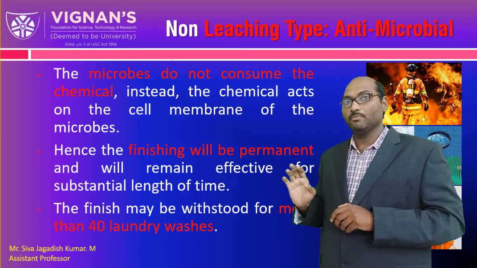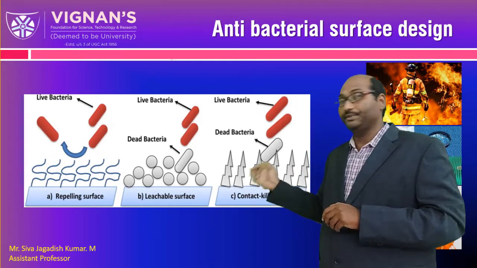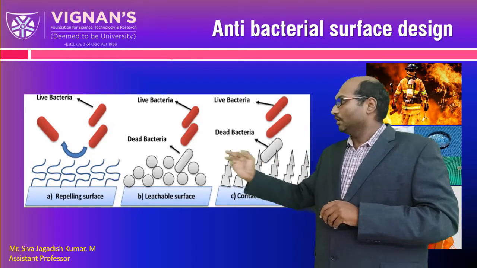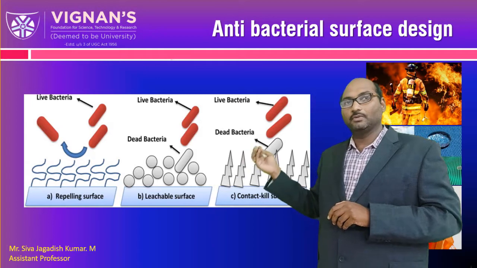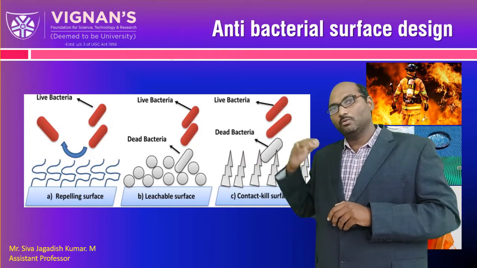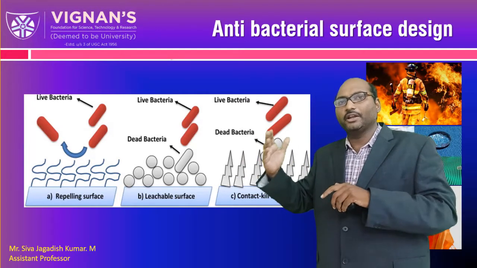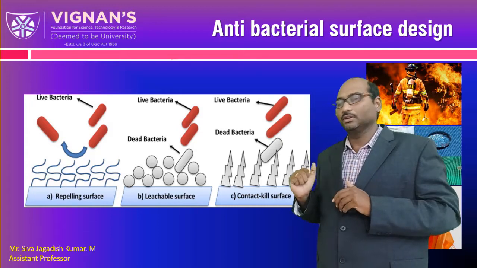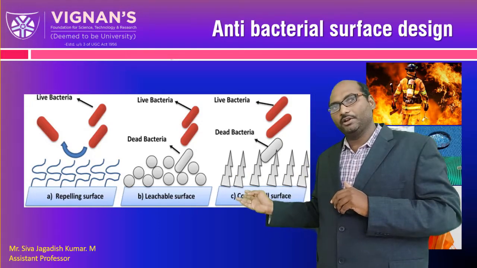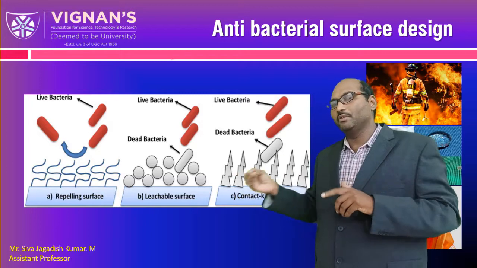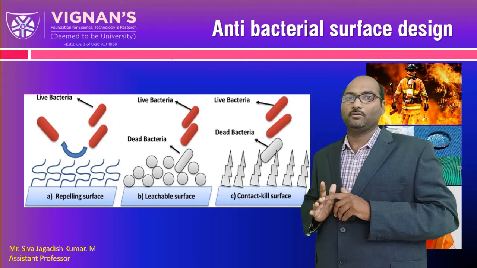In this figure, A is a repelling surface. Whatever live bacteria is there, it will repel it and not allow it to enter. The leaching type will release the chemical and make the bacteria dead.